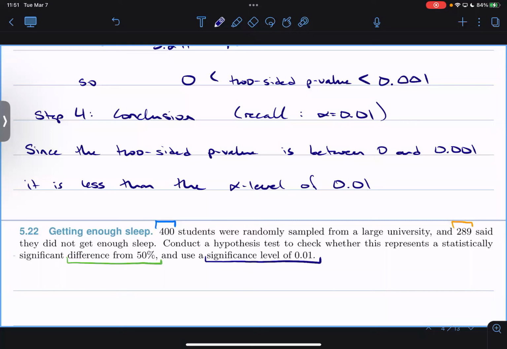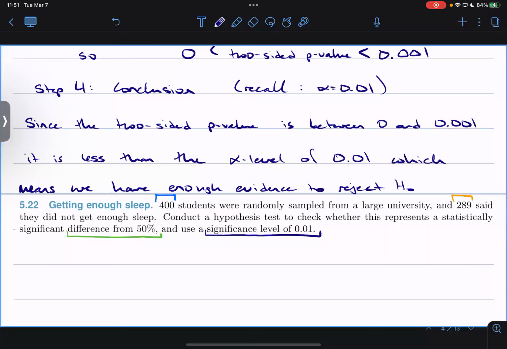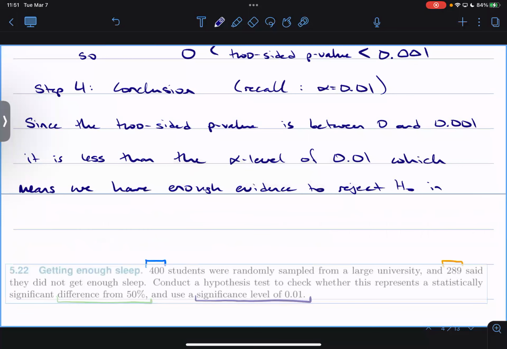A Z of 8.9 tells us, oh, okay, the null hypothesis is probably not applicable here. So it all checks out. It's less than the alpha level of 0.01, which means we have enough evidence to reject H0 in favor of HA.